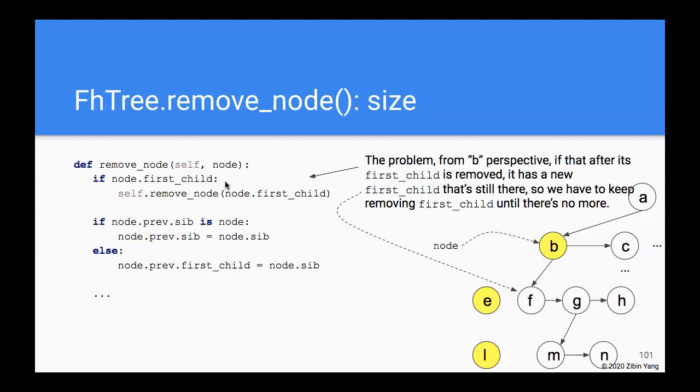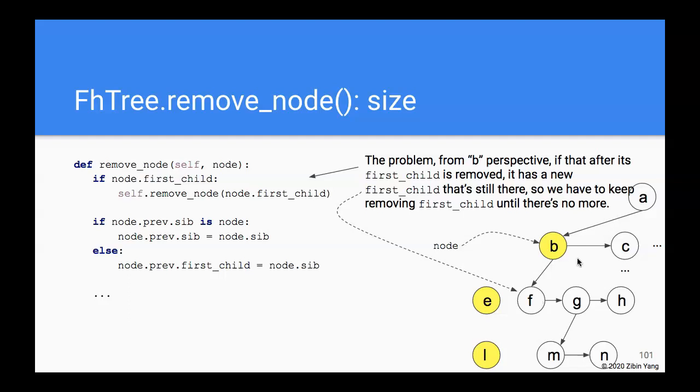What the recursive call did was remove the original first child of B, which is E, and also the original first child of E, which is L. However, after E has been removed as the first child from B, B still has a first child, and that is the sibling of E, right? So B still has a first child, and the subtree reachable from its new first child. So that's why the size is not decremented properly.